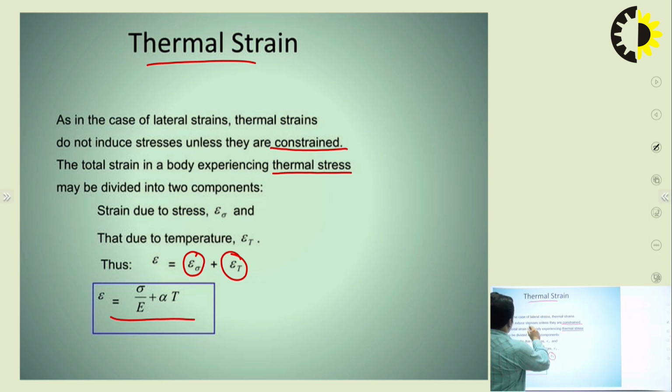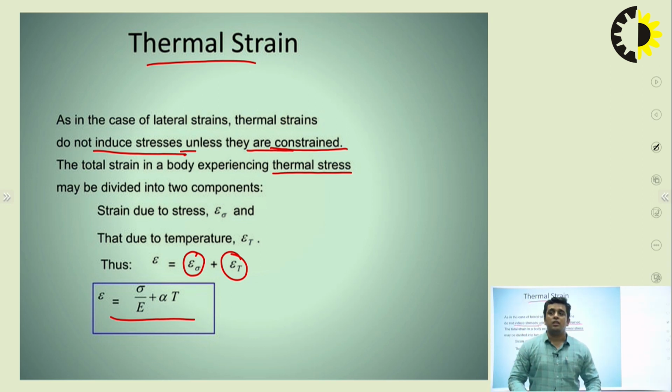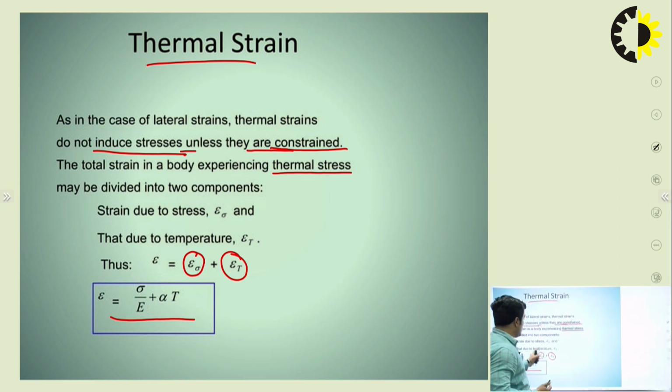As in the case of lateral strain, thermal strains do not induce stresses until they are constrained. Means if there is no restriction, there will be no thermal stress, or there will be thermal strain but no thermal stress. Thermal stress will always be there whenever there is a restriction. So this is mechanical and this is due to change in temperature.